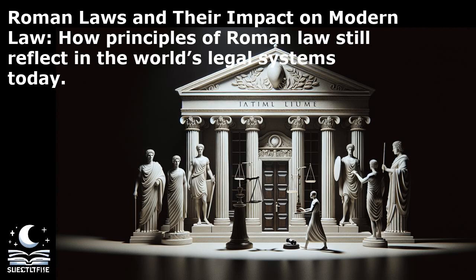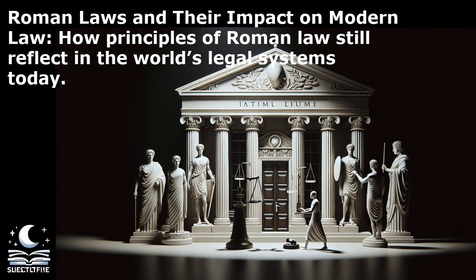The Roman legal system also recognized the concept of property rights as essential to a functioning society. Property owners had legal protections against theft and trespassing, and the law provided mechanisms for resolving disputes over land and possessions. These property rights were crucial for economic development and social stability in ancient Rome.